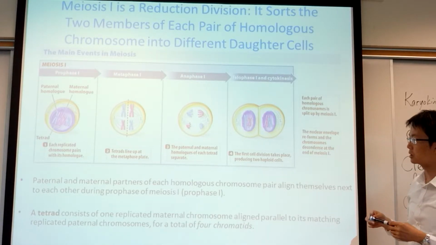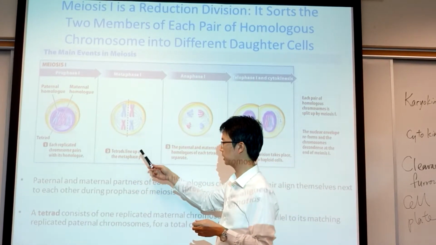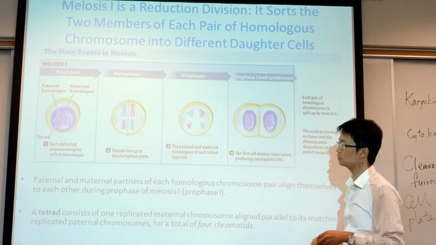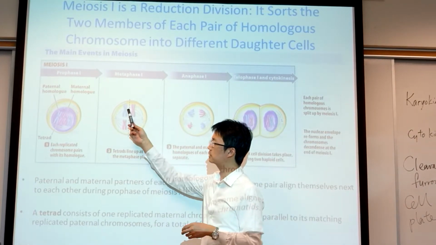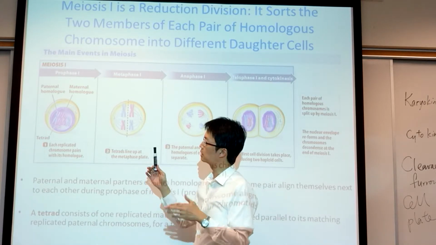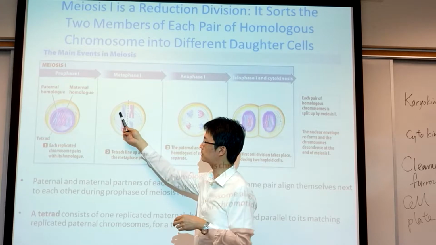In meiosis, you can see that they call it the tetrad line up. Tetrad meaning that you have 4. So in mitosis, remember, we separate the sister chromatids. In meiosis, we separate the homologous pair.